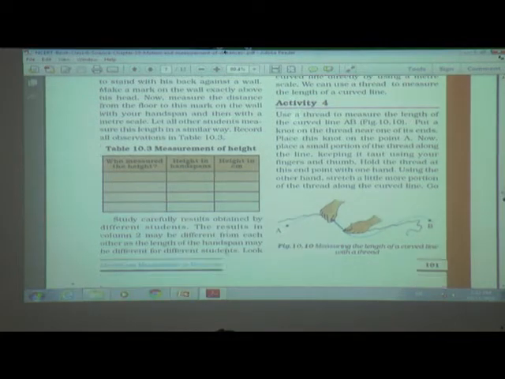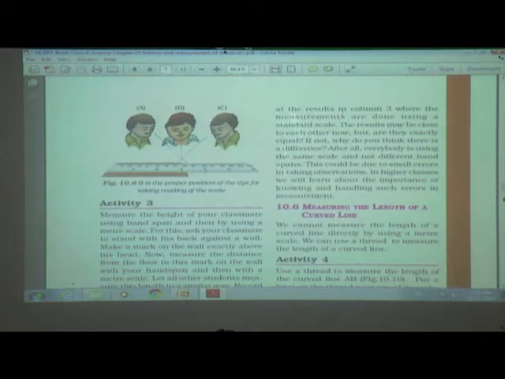So look at the results in column 3, where the measurements are done using a standard scale. The results may be close to each other now, but are they exactly equal? If not, why do you think there is a difference?